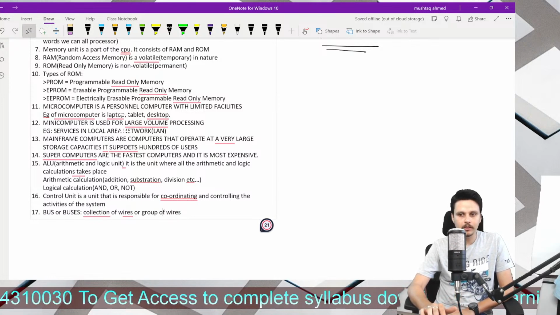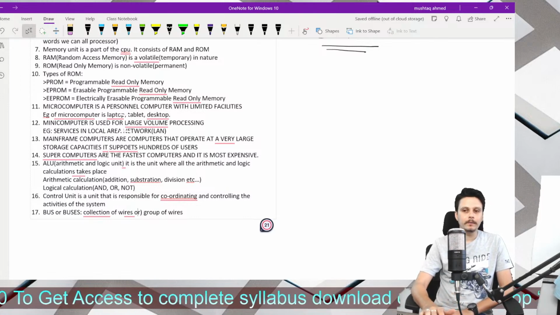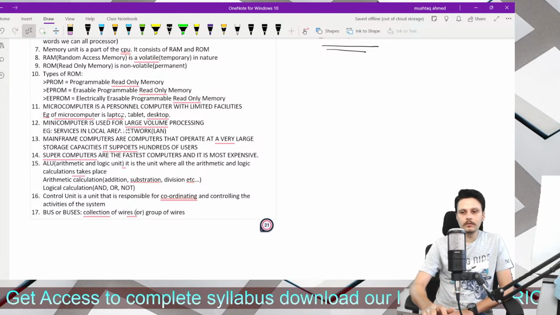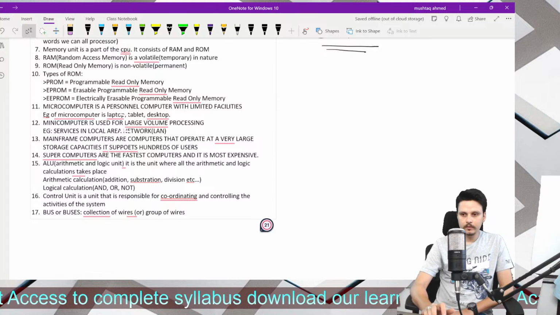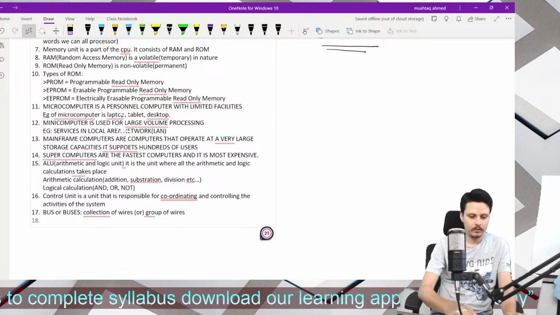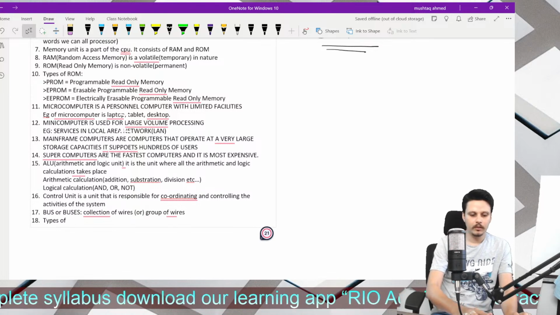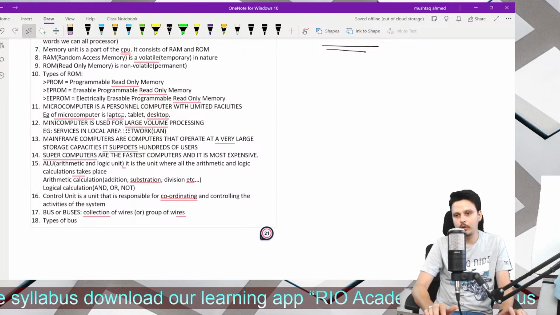It's called a bus. There are different types of buses. Types of bus.